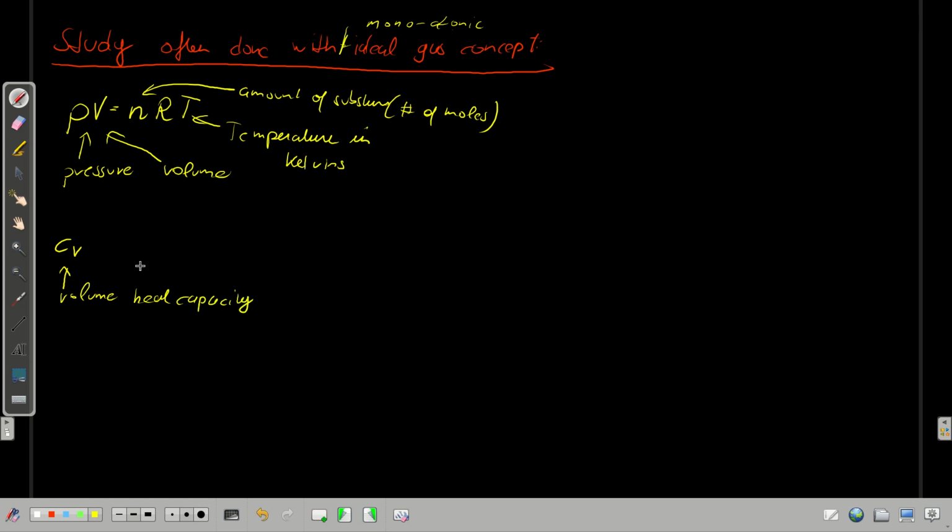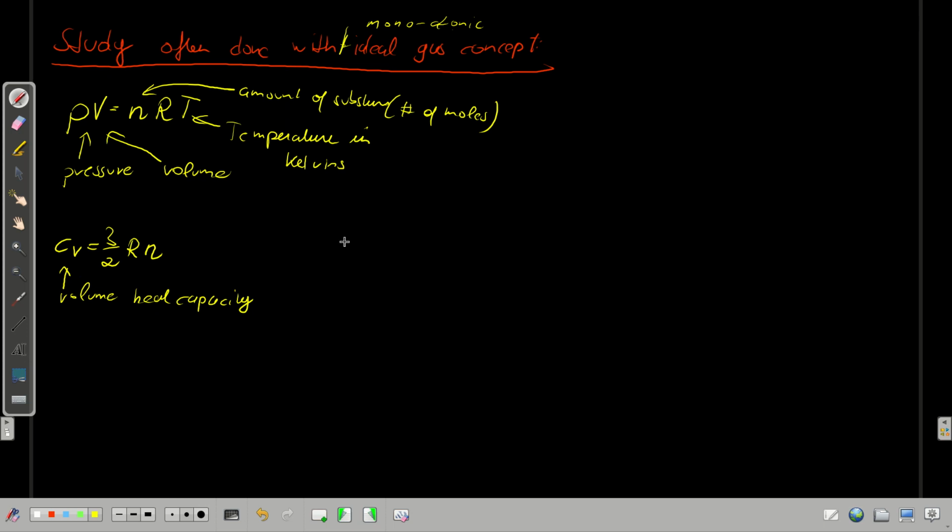This means it denotes the energy that is required to heat up the sample such that its temperature rises by 1 Kelvin. Then CV equals 3/2 times the ideal gas constant times the number of moles.